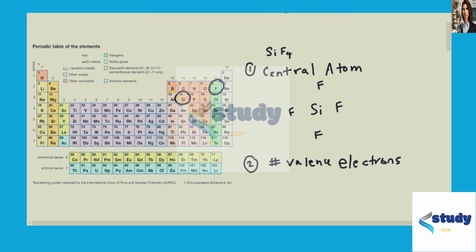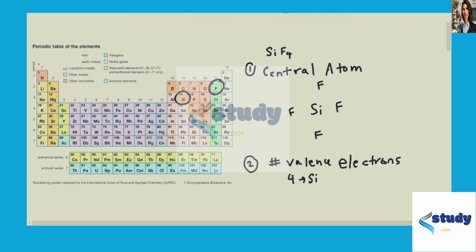So for silicon, because it's in the same group as carbon, we can see that it will have 2 of the 3s2 and 2 of the 2p2 electrons, and then therefore you add those to determine the valence electrons. And I apologize, I meant 3s2 and 3p2.